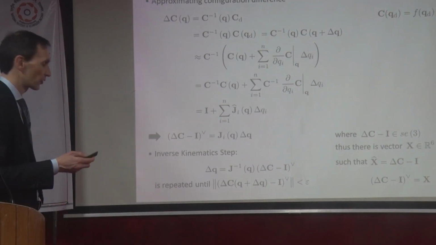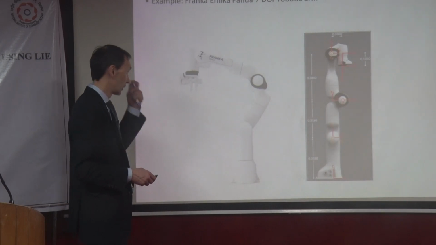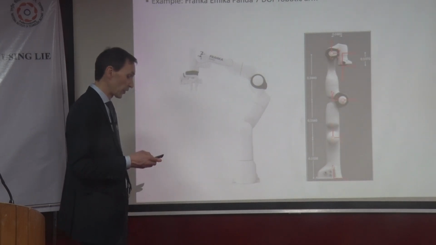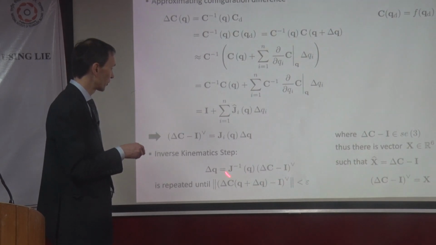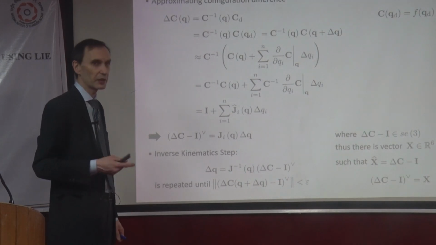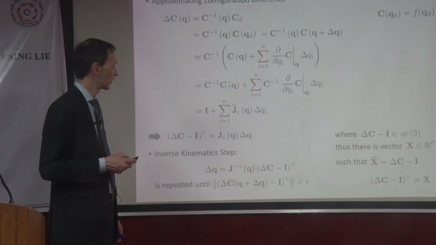So this is what you should use for solving the inverse kinematics. Of course, the inverse does not always exist, in the sense that it might be a non-square matrix, okay? And if this is a non-square matrix, of course, you cannot just invert it. You have to take a pseudo-inverse.